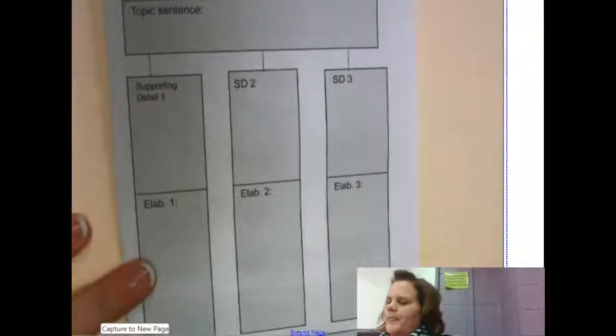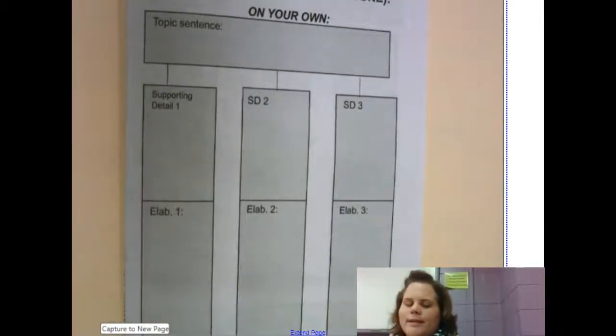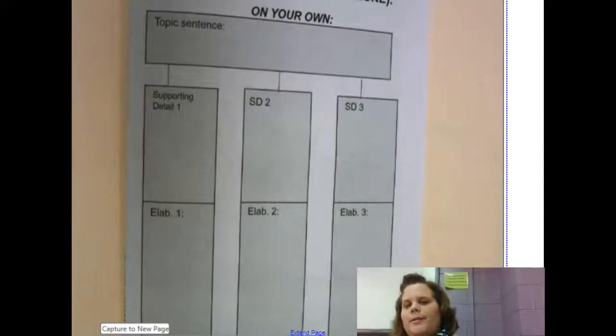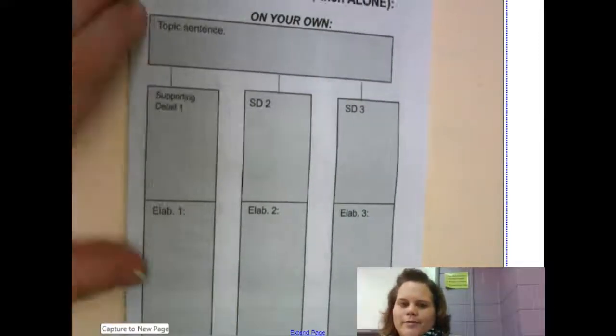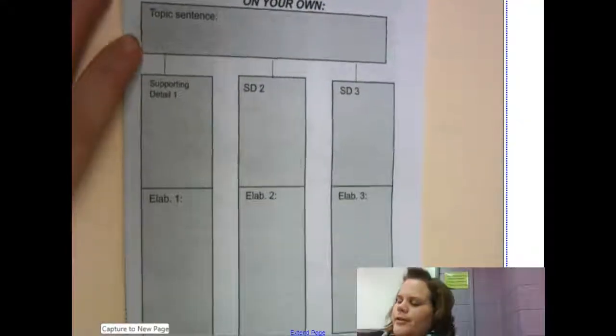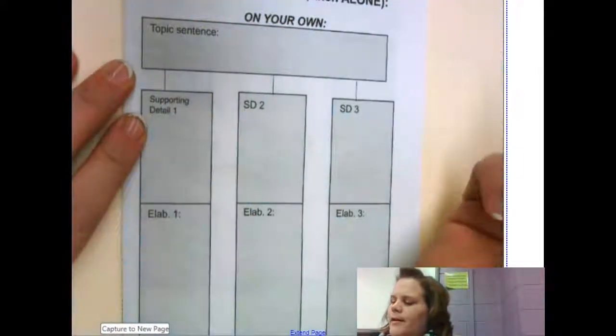The last part of this, and this is where you're going to show what you know. All we're going to give you is a topic sentence. Please keep in mind that each of these topic sentences could be part of a bigger thesis. So this is just one body paragraph. On your own, you're going to work on a topic sentence for something really simple.